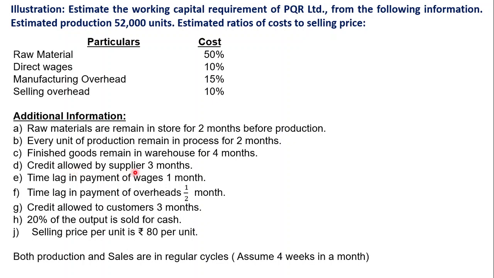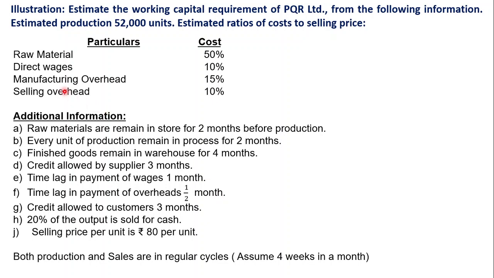Credit allowed by suppliers: whatever materials we purchase, the suppliers or creditors allow us a credit of 3 months. Time lag in payment of wages is to be taken as 1 month, and time lag in payment of overheads is to be taken as half month.